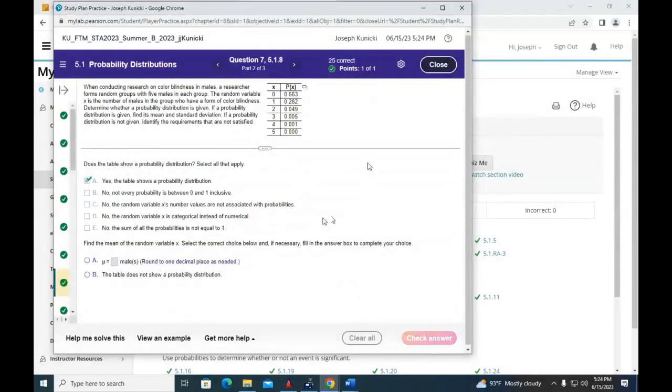And now they want us to find the mean. The mean is mu, remember that? Lowercase m. X bar is the statistic. This is the parameter.